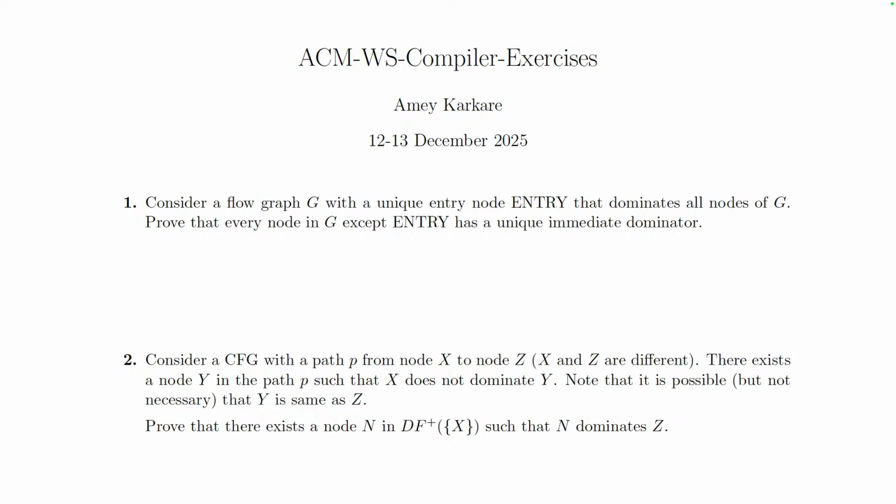So how can you say n is the same as y? How will that help? So you have to prove two things: there exists an n, and n dominates z. Existence is easy, but that n dominates z you also have to prove. So let's think about it. Even I have to think about it a little bit. I did not give much thought to it.